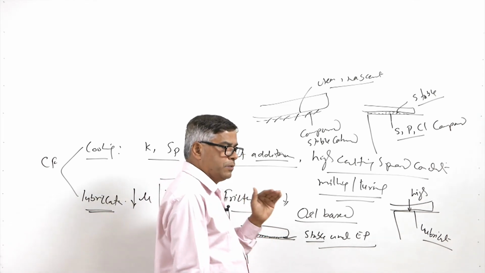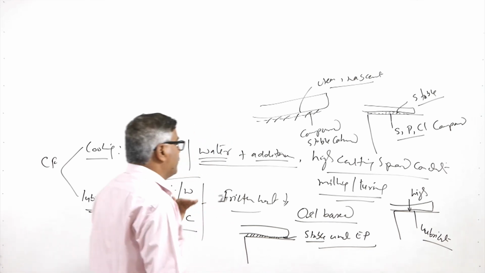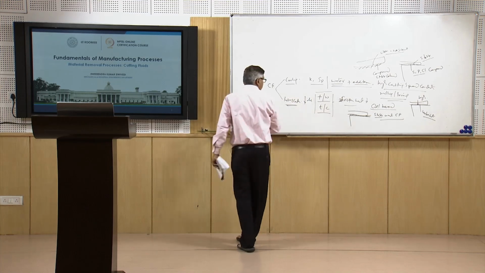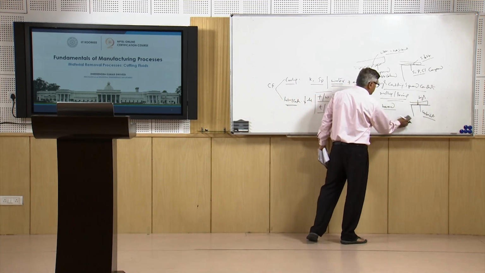They will be able to reduce the metal to metal contact between the chip and the face of the tool, so that the friction can be reduced and the flow can be more smooth.